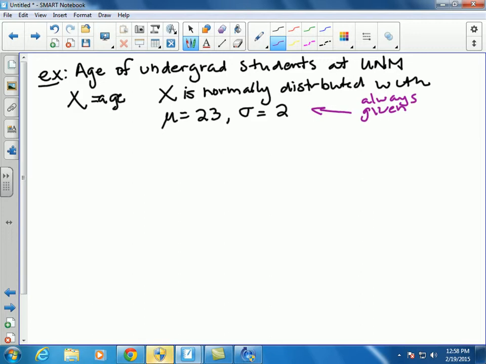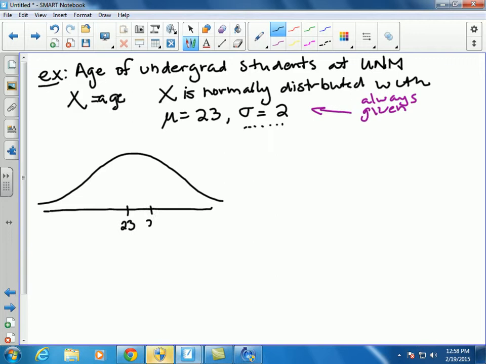So from that information in this problem, I can draw my little picture here, so get used to drawing these. There's my little picture of the distribution. My mean here is 23, and if I go up and mark out this standard deviation, I can go to 25, 27, and 29.